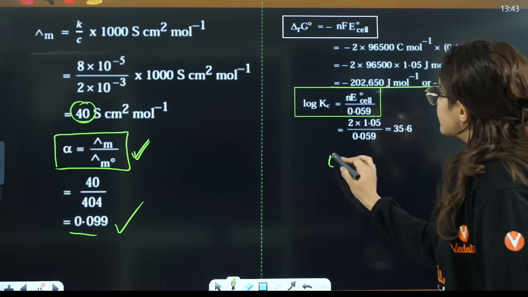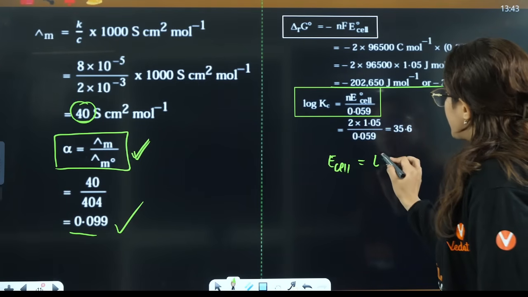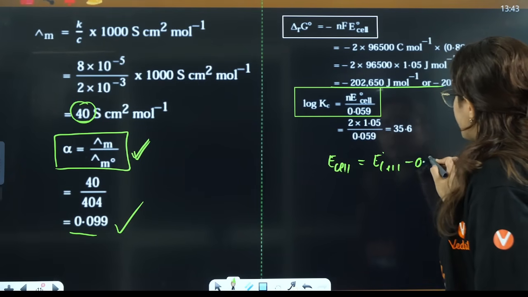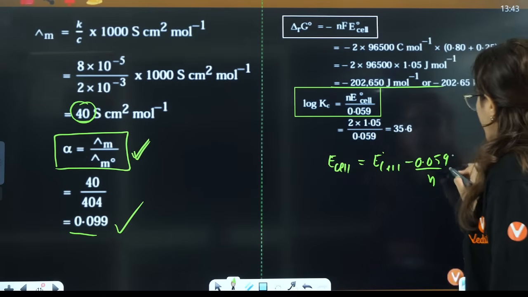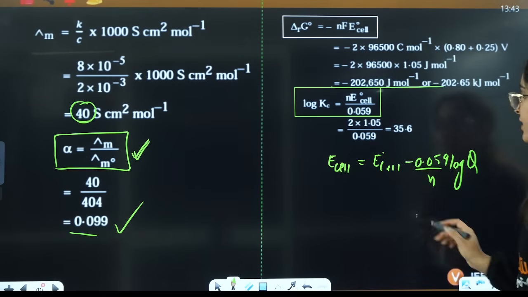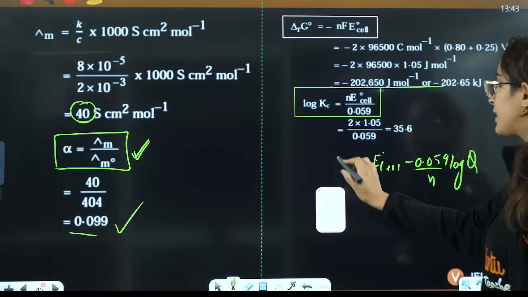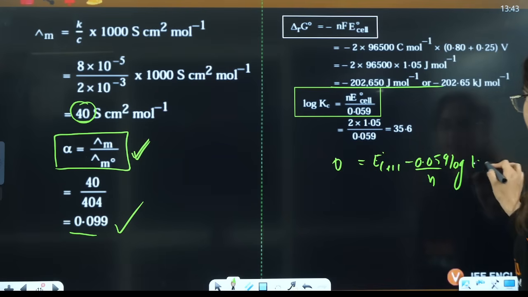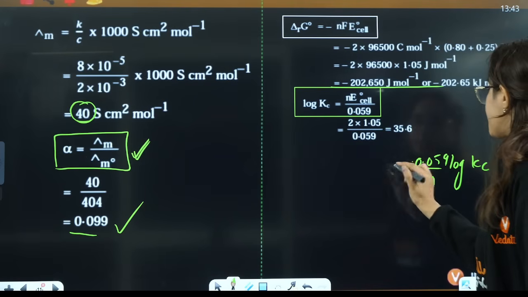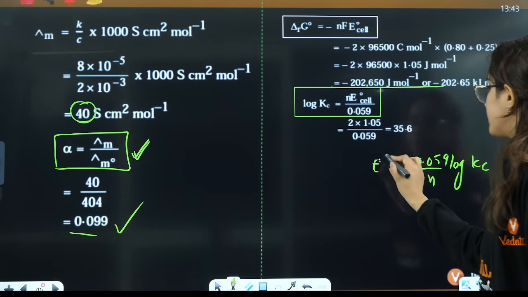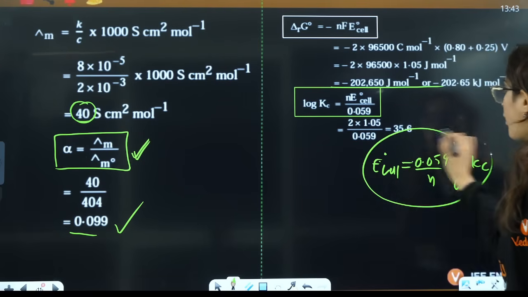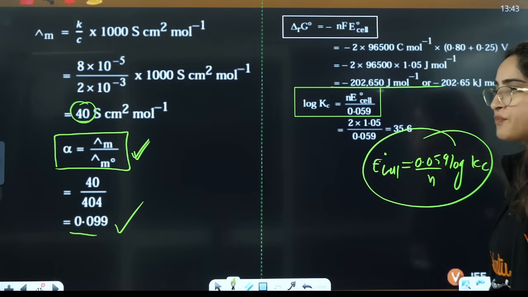See, what is Nernst equation? It is E cell is equals to E naught cell minus 0.059 by n of log Q. If equilibrium, this will become 0 and this will become Kc. Then you will take it here, this will become equals to E naught, and this is the formula that we have written this way, right?